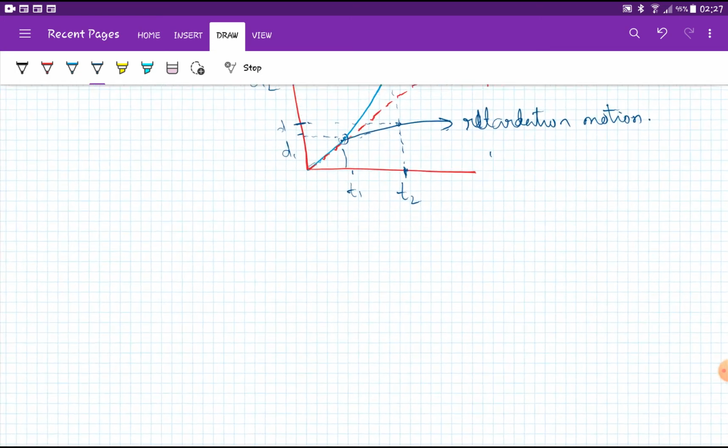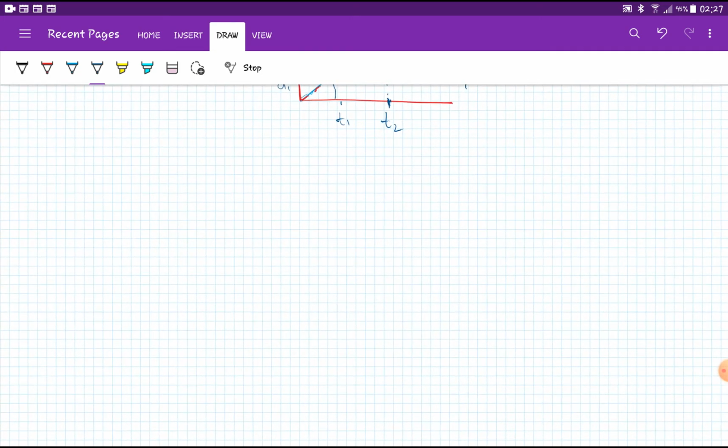Now we'll see a problem here. For example, if a question is given: at t = 0, the initial velocity is given as u.